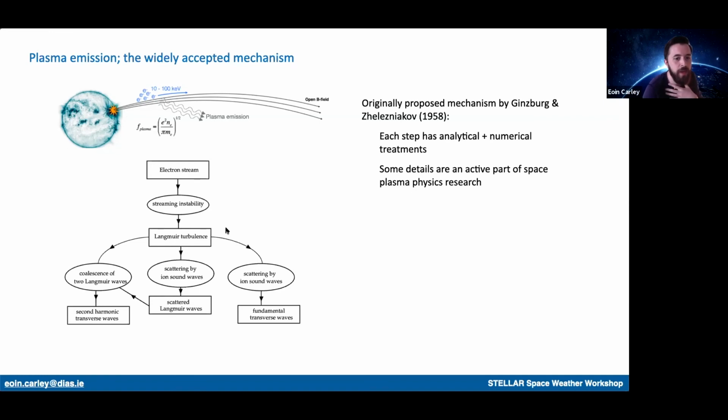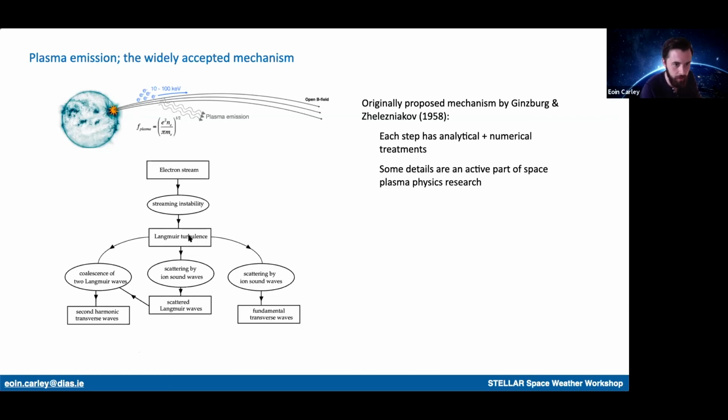So how do you go from a plasma oscillation to radio waves? Well, there's a couple of routes. The plasma oscillation can result in radio waves at the fundamental plasma frequency and the second harmonic plasma frequency. And they usually get there by interacting with other wave modes of the plasma. In fact, there are ion sound waves, off of which the Langmuir waves, or the plasma oscillation, scatter to produce this.